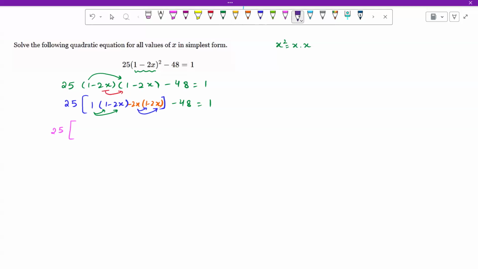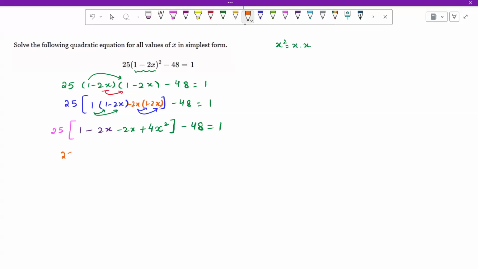So 1 with 1 is just 1, 1 with the negative 2x is just negative 2x. And now negative 2x with 1, negative 2x times 1 is negative 2x. Negative 2x times negative 2x is negative times negative, positive. 2 twos are 4. x times x is x square. Was this understandable? We multiplied the factors.